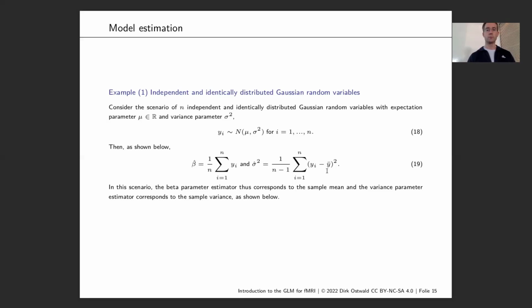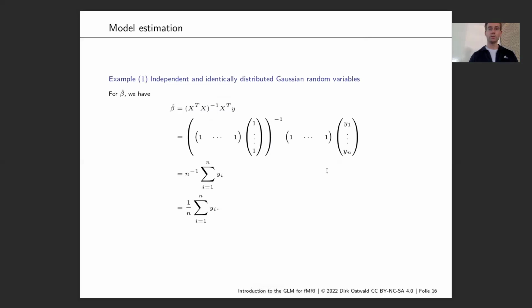And if you take the square root of that, of course, you have the sample standard deviation, which you might know even more. How can one see that? Well, that's fairly straightforward. Of course, the beta hat estimator has this general form. Now, if our design matrix is just a column of ones, then this is the transpose column of ones times the column of ones.